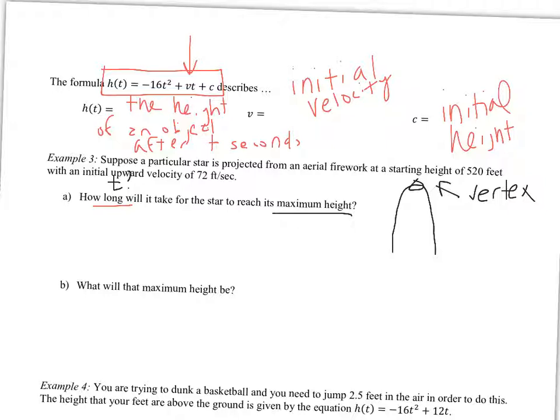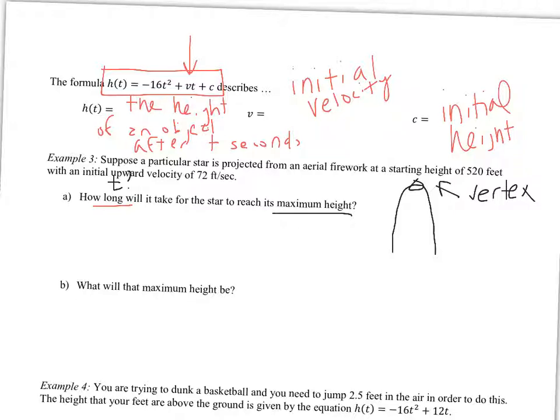So first you need to write a function that models this projectile motion, which we're going to do using this function model up here. If we were talking about meters, the coefficient right here would be negative 4.9, but we're going to use feet. So I'm going to write a function for this first, plugging in what we know.